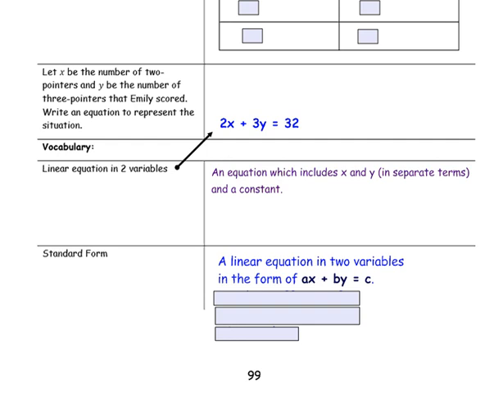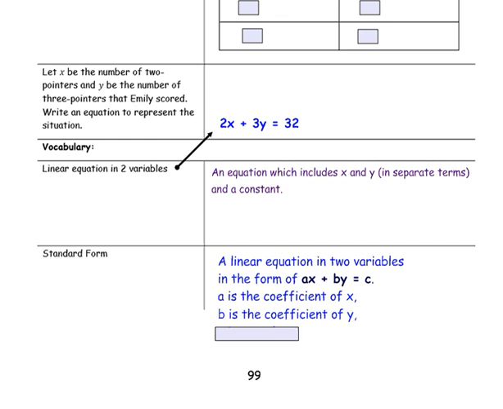A is a coefficient, a number. B is the coefficient of y, and c is a number. A linear equation in two variables is said to be in standard form when it is in this order: ax plus by equals c.